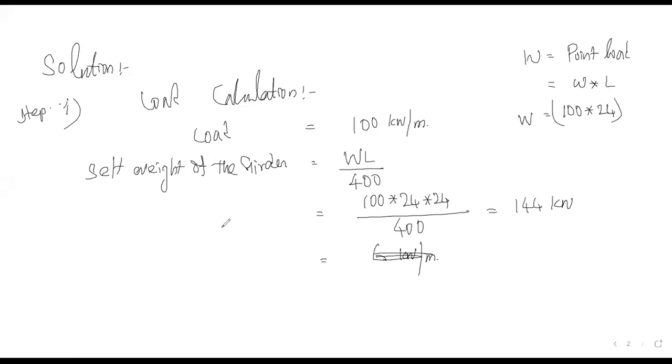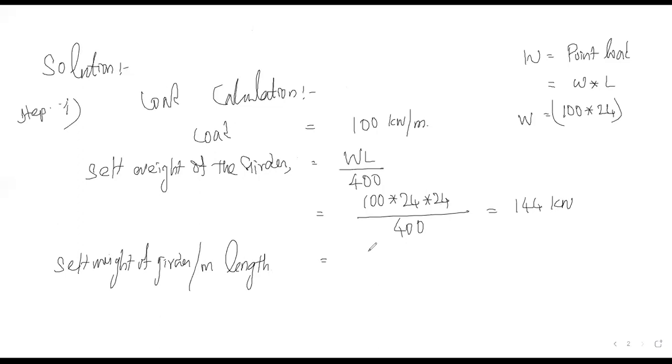I need it in terms of kilonewton per meter, so I have to divide this value by the span. So self weight of girder per meter length is 144 divided by span length 24, which becomes 6 kilonewton per meter.